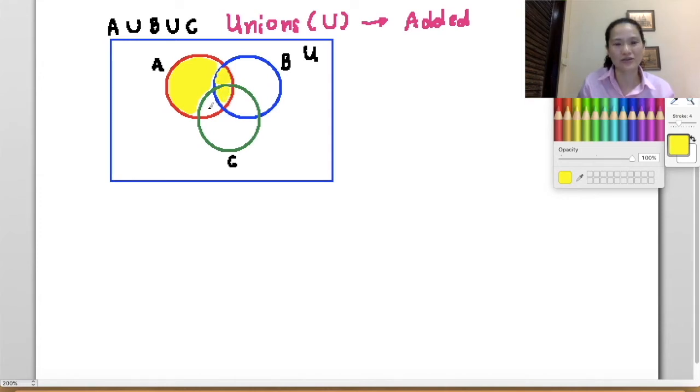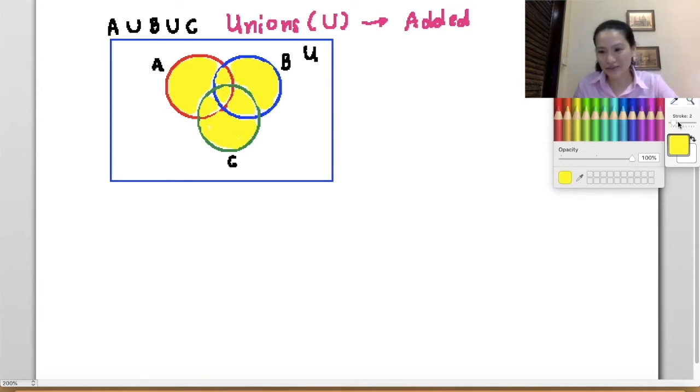Okay, union looks like this. Actually it looks good. Union means all of this one. Let me pen them really quick. But you should know the concept of intersect anyway.